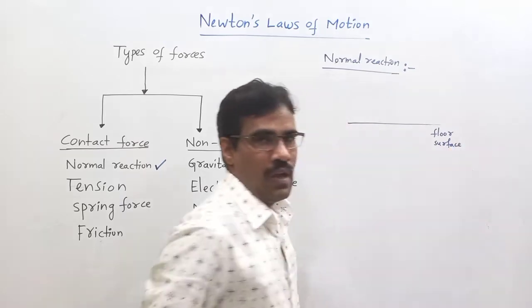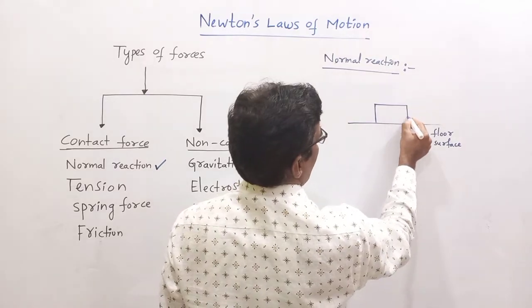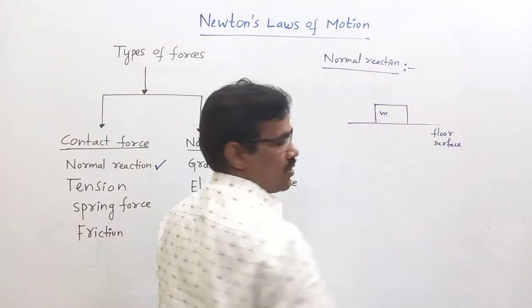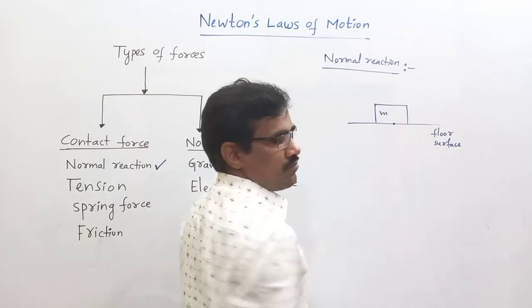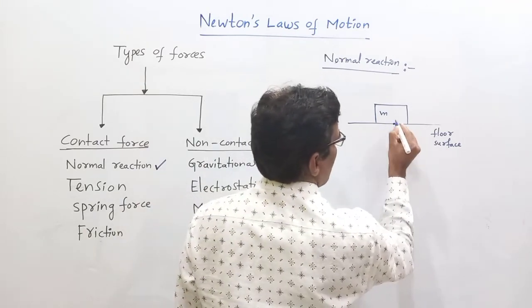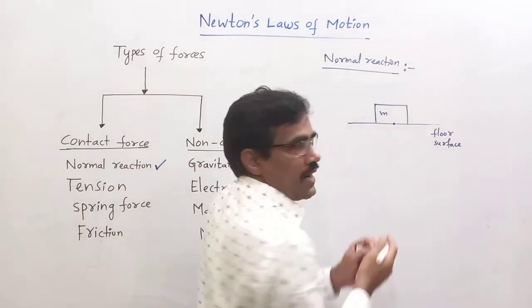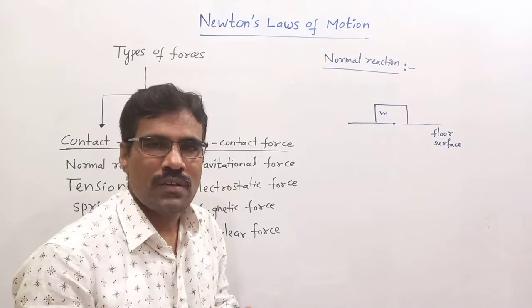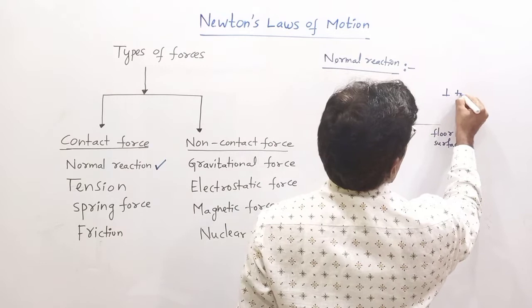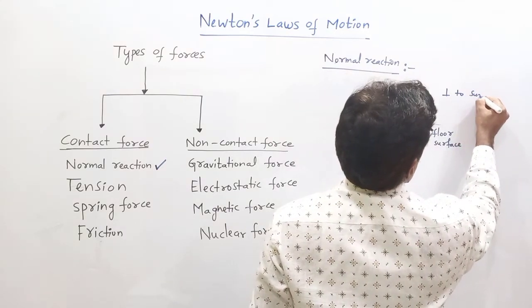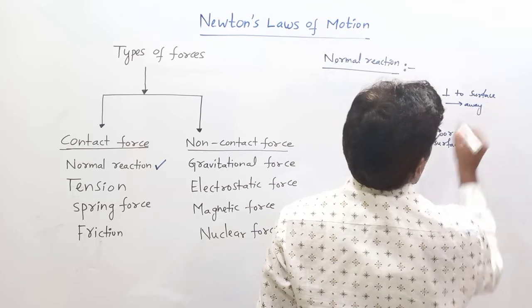When a block of mass m is kept on the floor, this is the contact surface, the point of contact. Here, normal reaction is normal to the surface, and away from it.